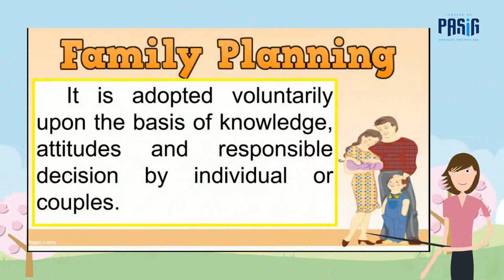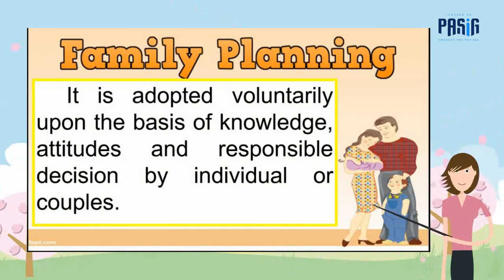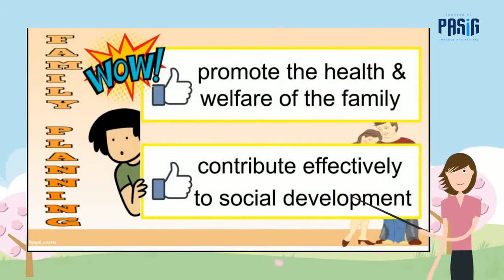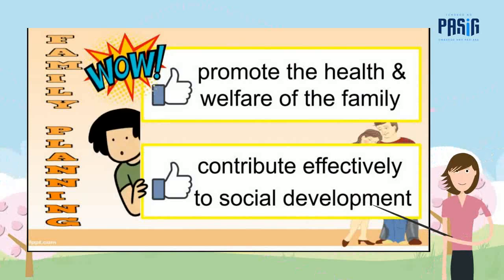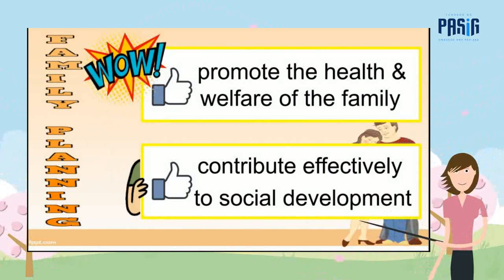Family planning is also a way of thinking and living that is voluntary upon the basis of knowledge, attitudes, and responsible decisions by individuals or couples in order to promote the health and welfare of the family and also to contribute effectively to the social development of the country.